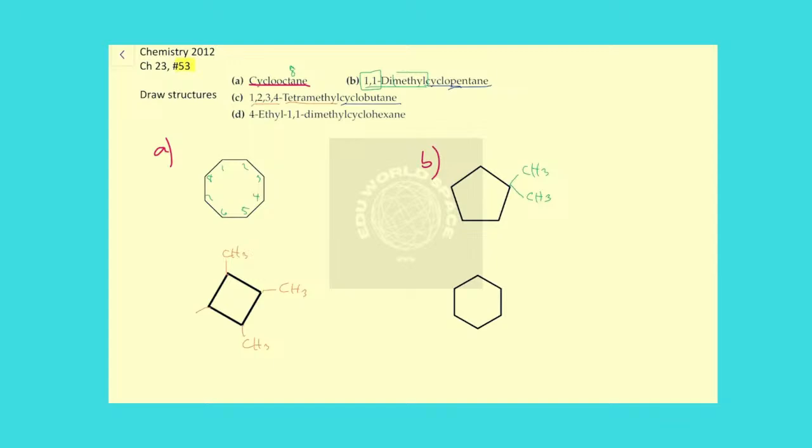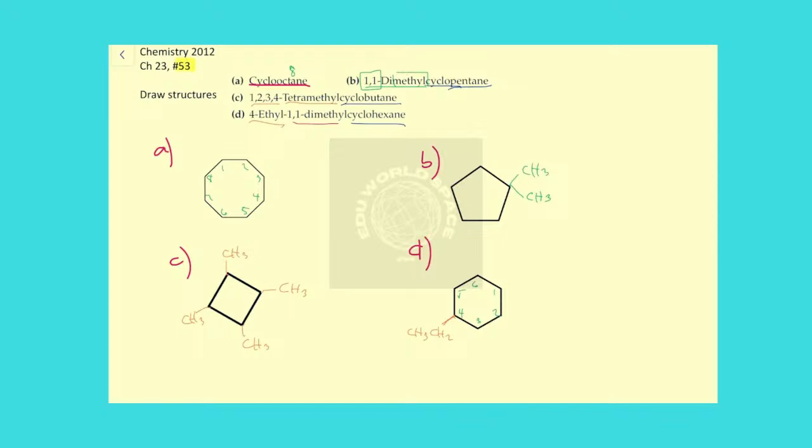I have 4-ethyl, so I'll go to carbon 4 here and add an ethyl group, so I'll have CH2, CH3. That's ethyl, and I have 1,1-dimethyl, meaning I have 2 methyl groups, and both of them are on carbon 1. So this is a methyl group and another methyl group. So there you have it. Those are all our structures for problem 53.